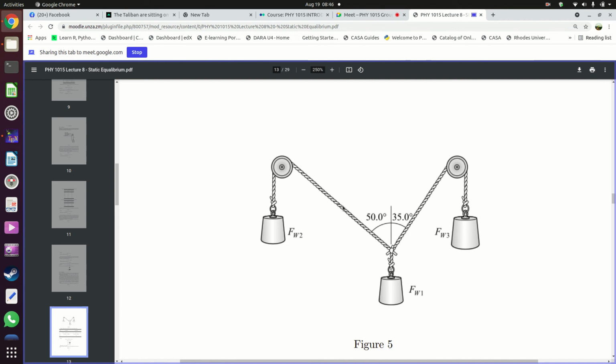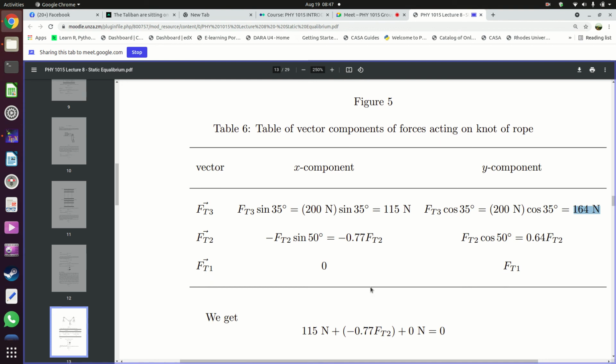So we move on to find the tension in this rope. The tension in this rope, which is going to be our FT2, is going to be, so scrap off the negative. Our FT2 is going to be equal to FT2 cos 140 degrees.